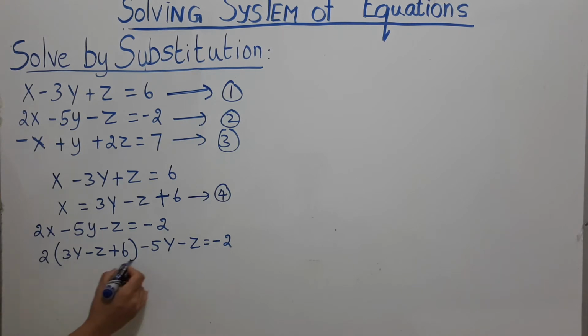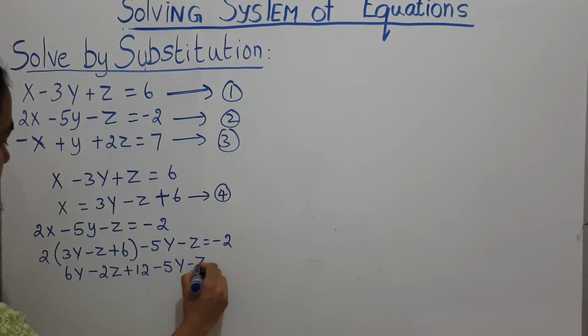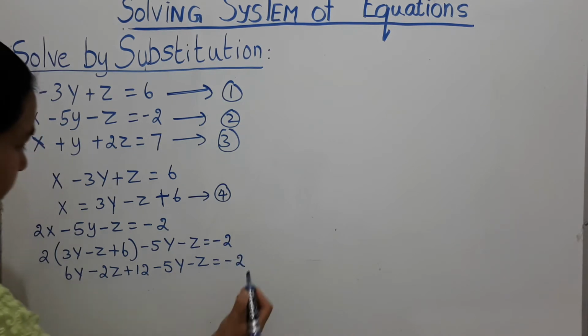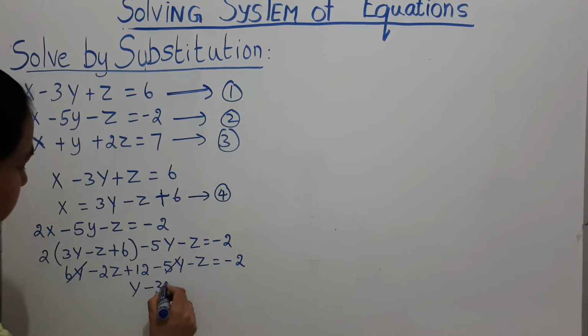Okay, now you can distribute this in here. So when you distribute, you will get 6y minus 2z plus 12 minus 5y minus z equals negative 2. Okay, now you have to put the like terms together. So 6y minus 5y will be y, and now negative 2z and minus z will be minus 3z.